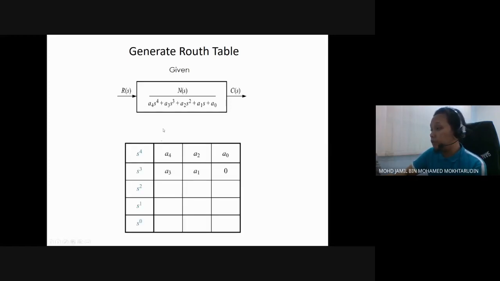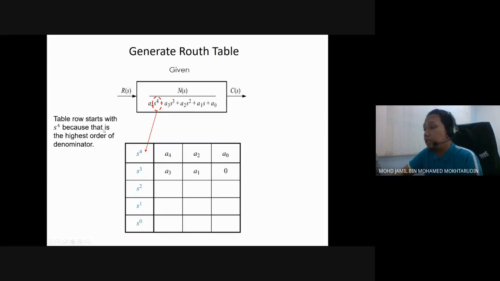The first step is to look at the highest power of your denominator, which in this case is s to the power of 4. So your table must start with s to the power of 4, followed by s to the power of 3, 2, 1, and then 0. The table starts with s to the power of 4 because this is the highest power of the denominator.